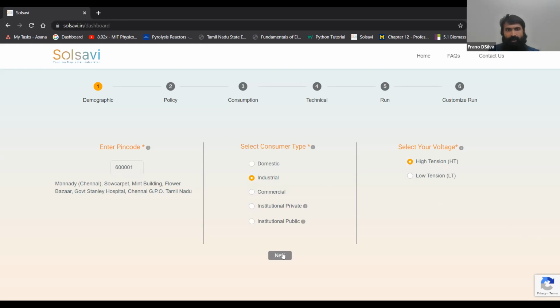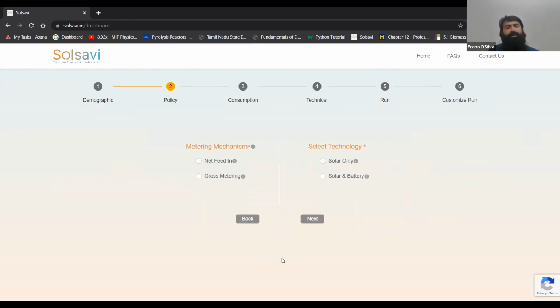Moving further, please press the next button to move to the next page. Hence, we land on the policy page. The policy page gives us details about what metering mechanisms are available and what technology is available for us. In the sample scenario, we take the net feed-in technology as our scenario mechanism.